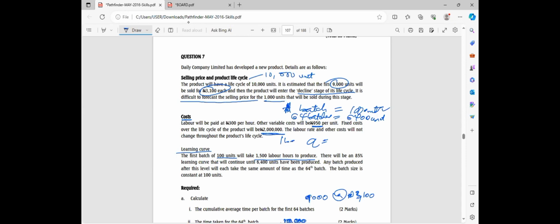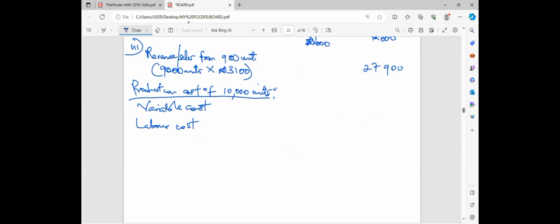Now, if I may ask, what variable do the learning and experience curve have impact on? On labor. So that is where our major work is.